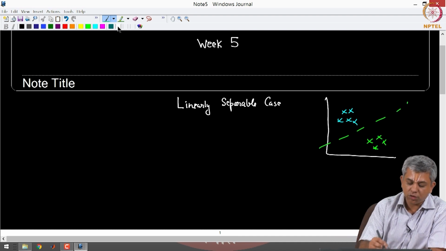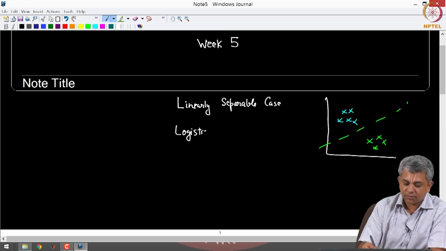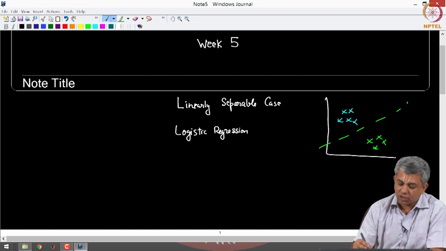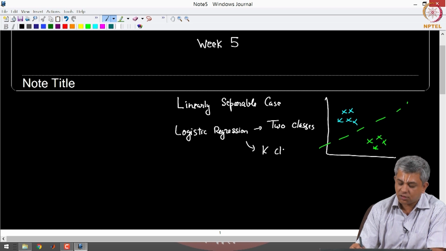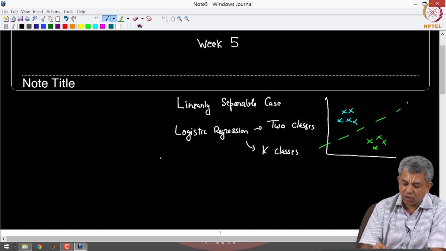In such a case, you could use logistic regression. Logistic regression or binary logistic regression can be used when there are just two classes, and the same idea we saw could be extended to k classes using multinomial logistic regression.